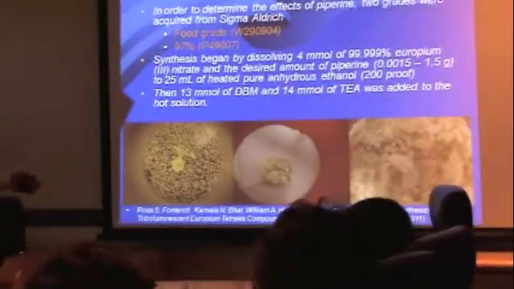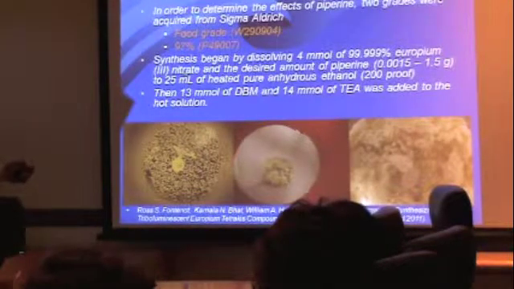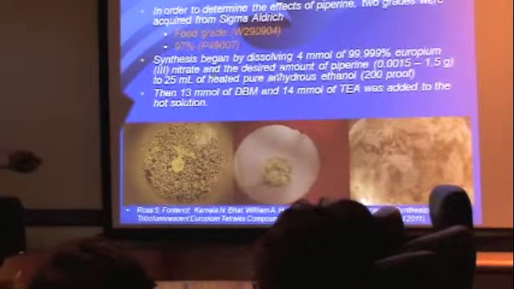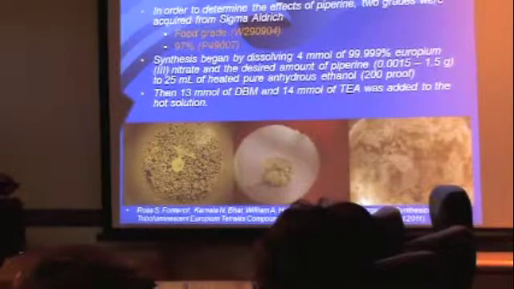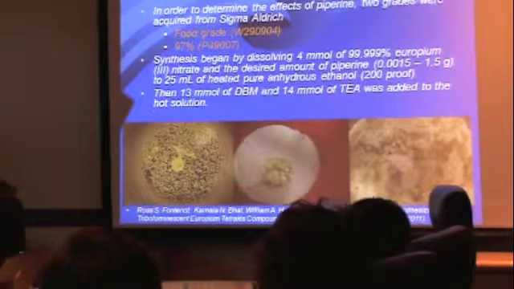So for the piperine, we got 2 kinds, food grade and 97%, and I'm going to give you the results of whatever we found. It was done like the europium nitrate procedure, and then we added this piperine solution, and we also found that if you use less and more, this is what happens.